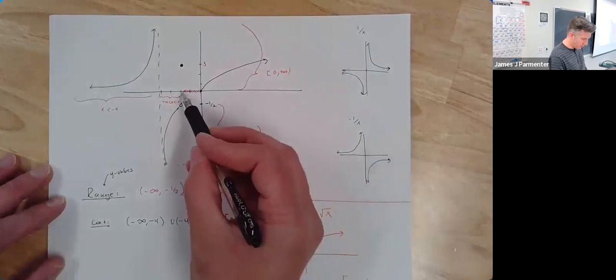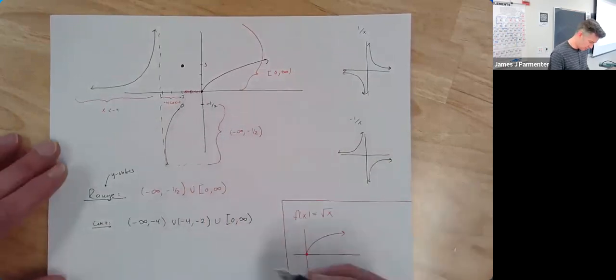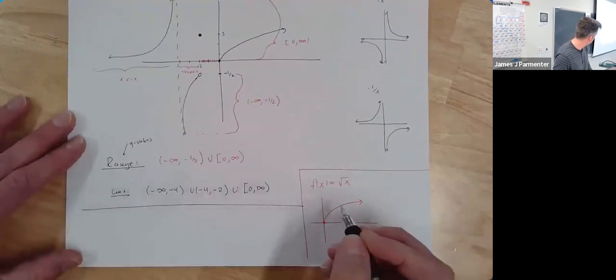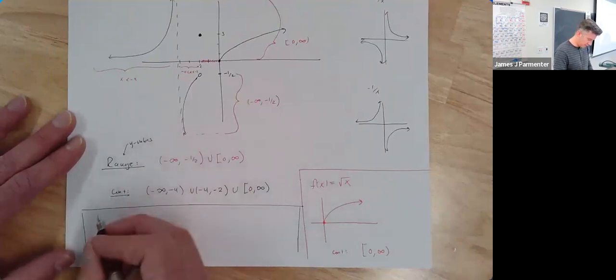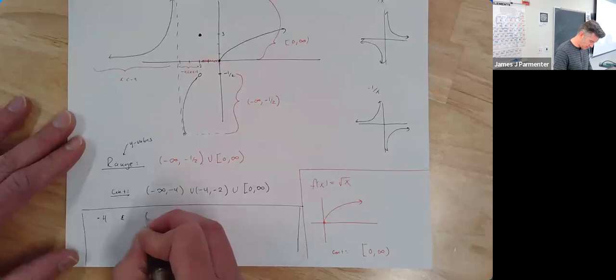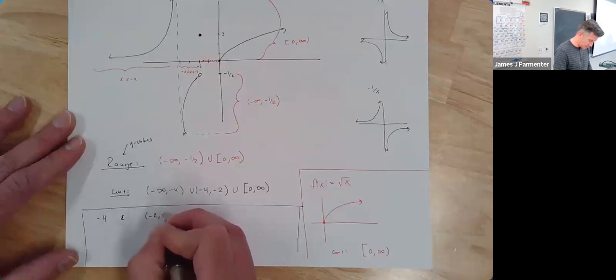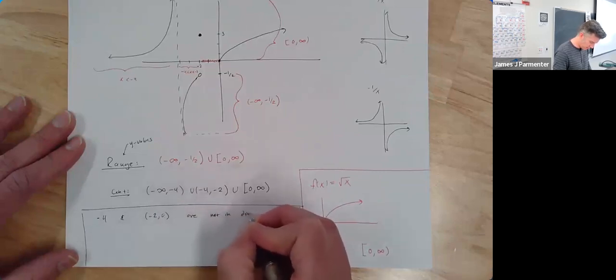But everywhere to the right of -2 and to the left of 0, this function is undefined. So in this problem, the only place where it's undefined is -4, and the interval from -2 exclusive to 0 exclusive is not in the domain.